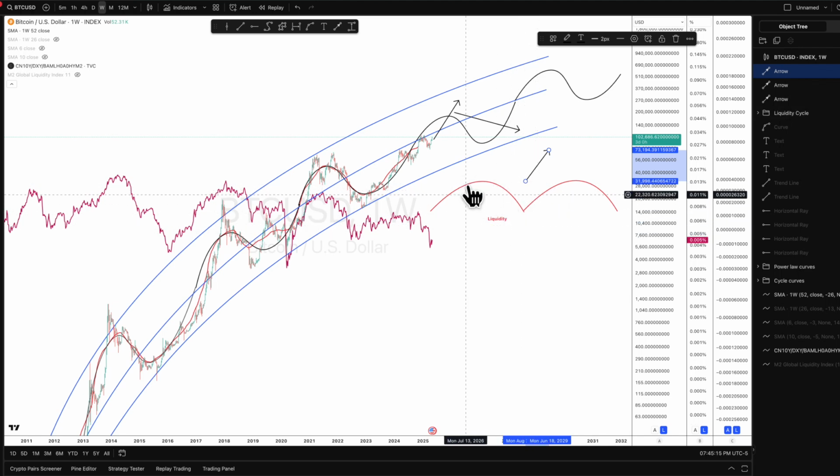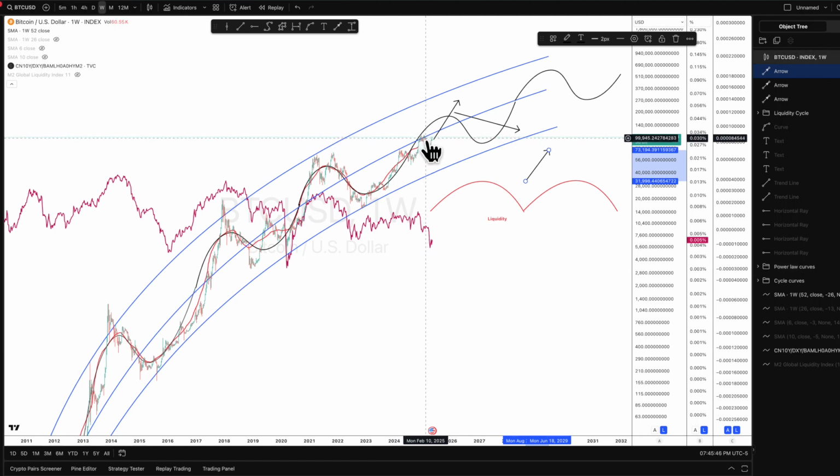Now, of course, this liquidity cycle is not perfect. This is just an average. So we'll have to keep an eye on this and look for the potential timing of this. But taking the averages of these cycles could create some interesting unexpected dynamics, just like the one we've seen here, because this was a very unexpected move for me and everybody else who was expecting alt season, which we'll get to next.